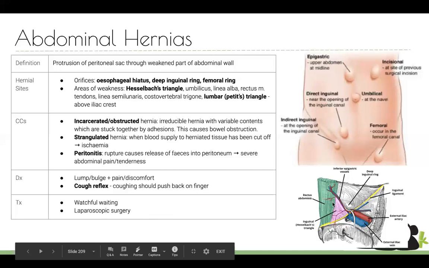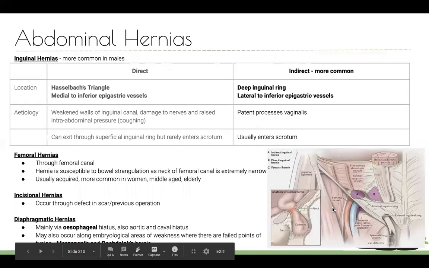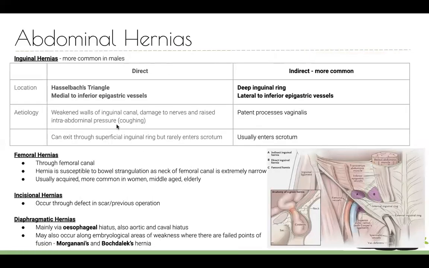And this here is Hasselbalch's triangle, which is an important area of weakness for direct inguinal hernias. Okay, great. I've still got it here. So I'll go through some of the important ones. Inguinal hernias, more common in males, can be direct or indirect. So indirect is more common. Indirect, like I mentioned before, is not directly through any wall.